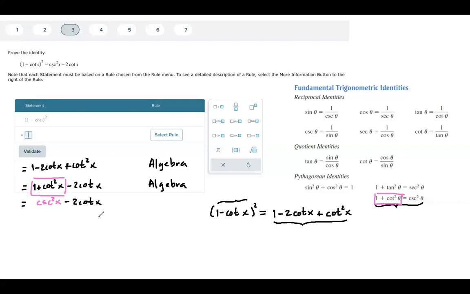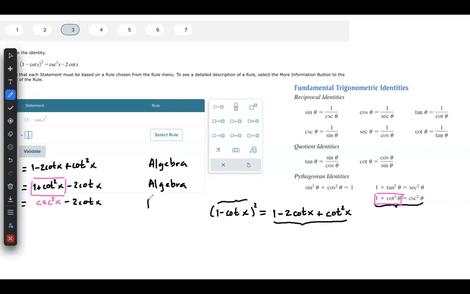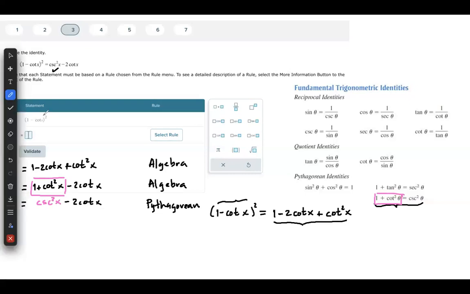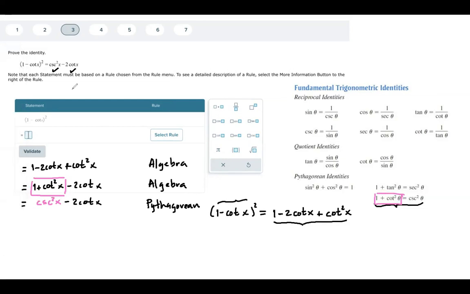I simply had to use the identity. And it looks like I'm done. Now I have a cosecant squared, which was what I was looking for, minus 2 times the cotangent of x. So just do one step at a time. If something does not work, you can always go back and use a different approach.